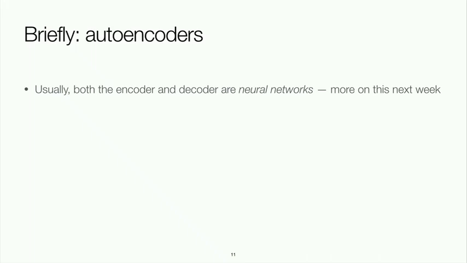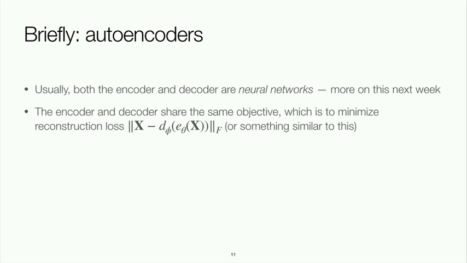The reason that I said that the reconstruction view on PCA motivates this is because we can basically use that exact same objective here. So the encoder and the decoder share the exact same objective. They're trying to work together to solve the same objective, which is the reconstruction loss that we had before. This expression right here, this Frobenius norm, is basically the same thing that we had before.